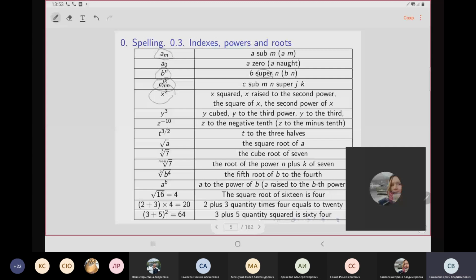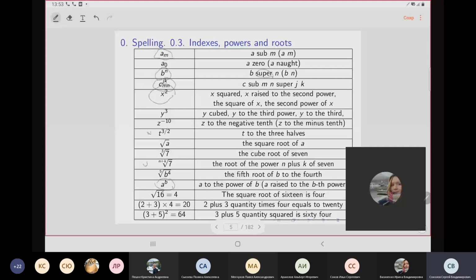The power can be a mixed number itself, for example t to 3/2. Some roots: the square root, the cube root, the root of the power n plus k of 7. The fifth root of b to the 4th, and so on. Or the most general case, a raised to the power of b, or a to the power of b.